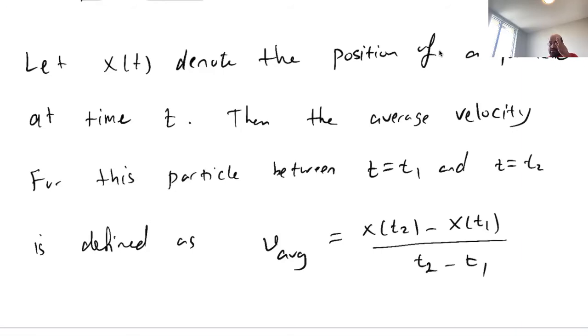So this is called the average velocity between two certain times, or we can also write it as delta x over delta t.